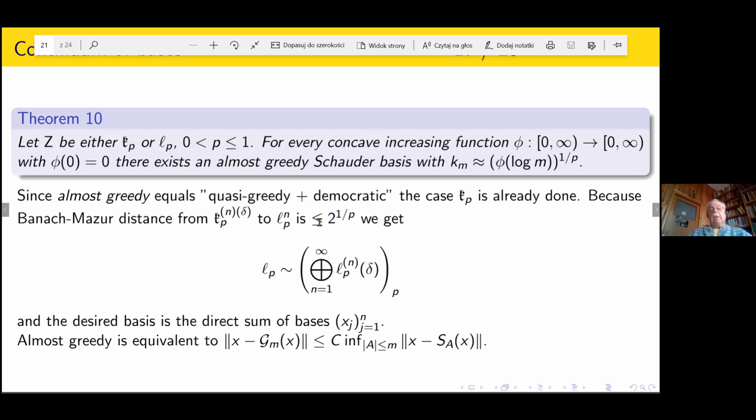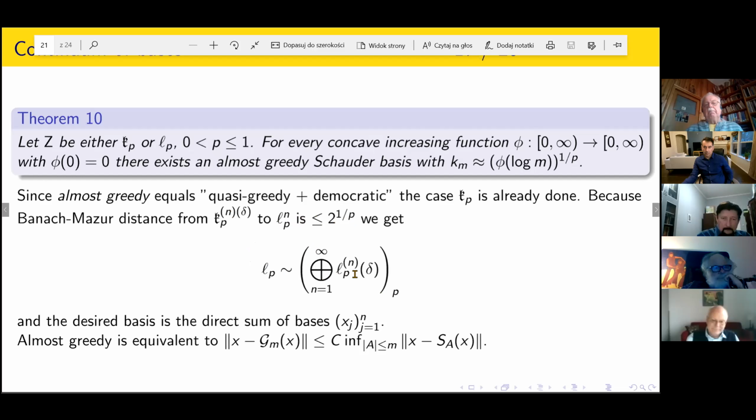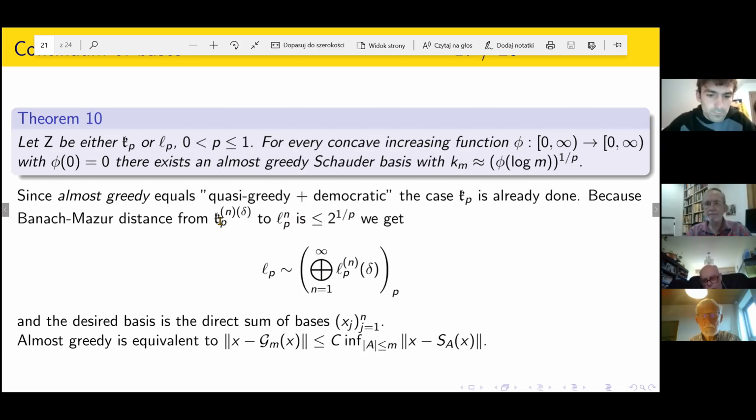And moreover, they are at distance at most 2 to 1 over p from l_p^N. So we take the infinite direct sum in the sense of p. And then, okay, now the conditionality constant is absolutely clear, that it is the same as for the whole K_p, and then the rest is also pretty clear.